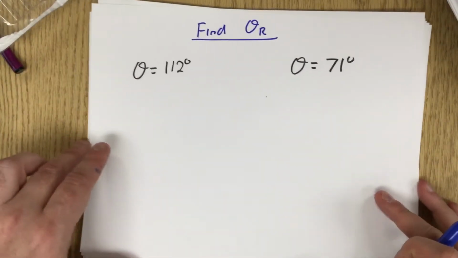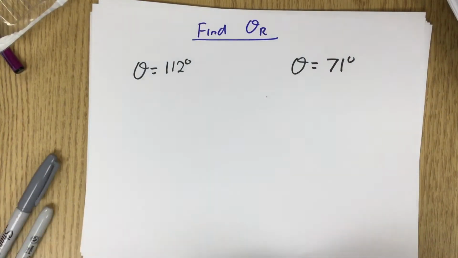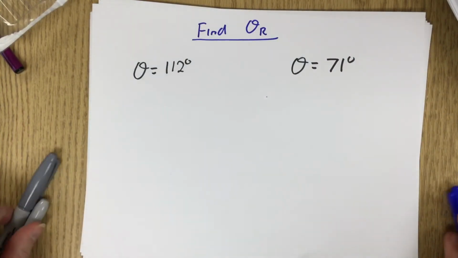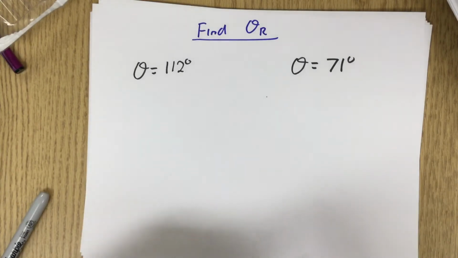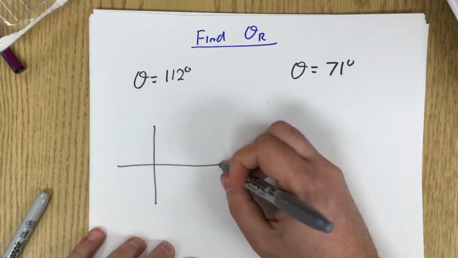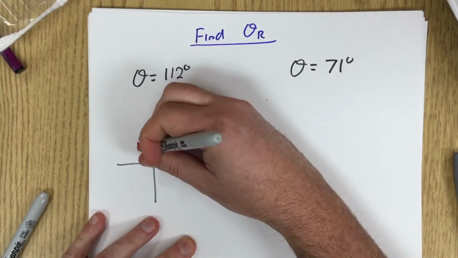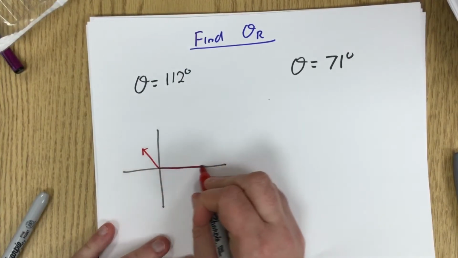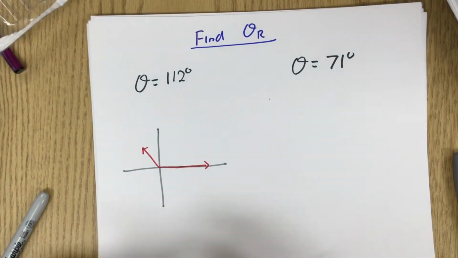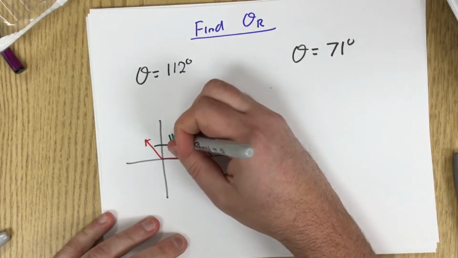Okay, so let's say, for example, we want to find the related acute angle for these angles over here. So what I'm going to do is sketch them. 112 is in the second quadrant, and this is 112 degrees.